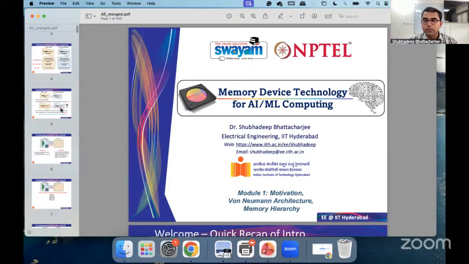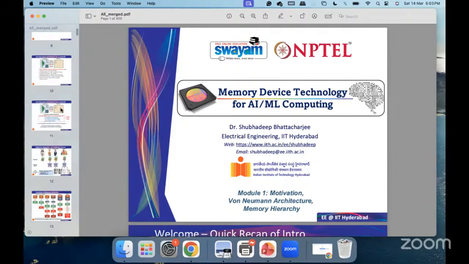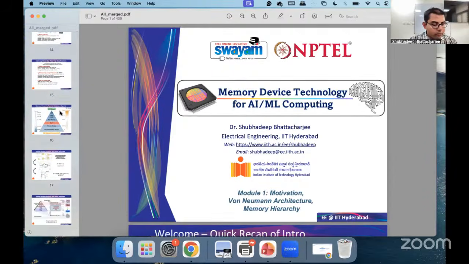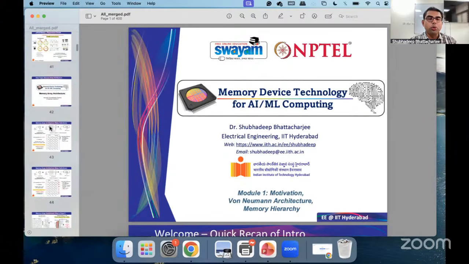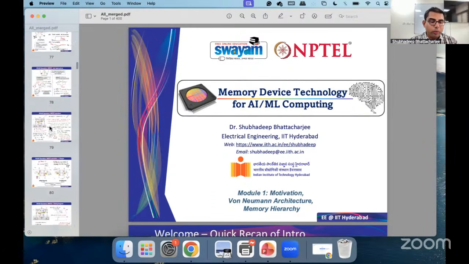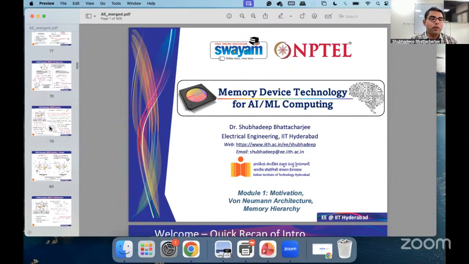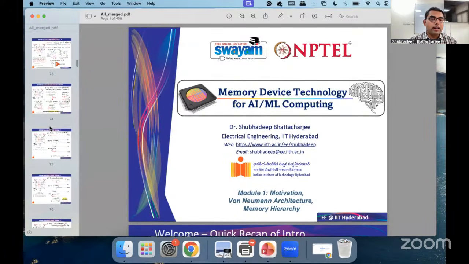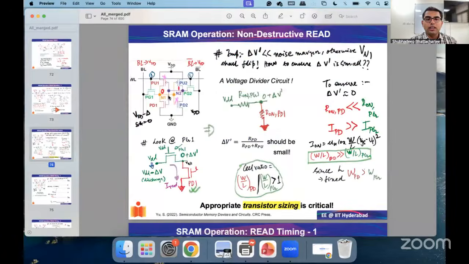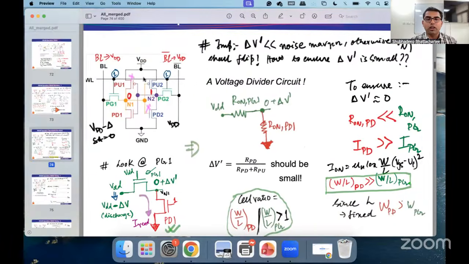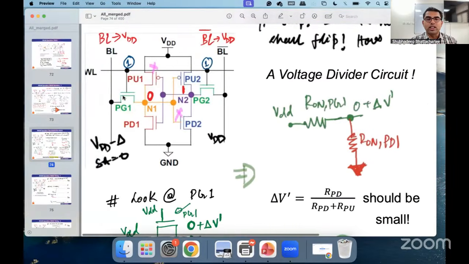So there was a question regarding why we can't do a read in SRAM with the bit lines pre-charged to 0. Let us quickly look at that question while people join, and that will give us some recap of what we had studied in SRAM as well. Let's quickly review the read operation of the SRAM to answer this question.